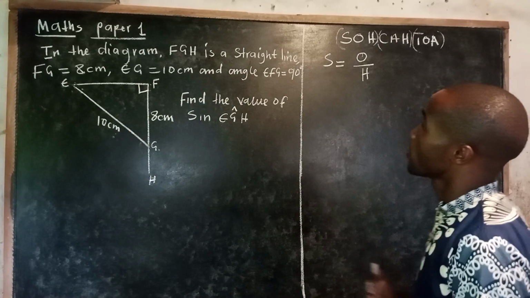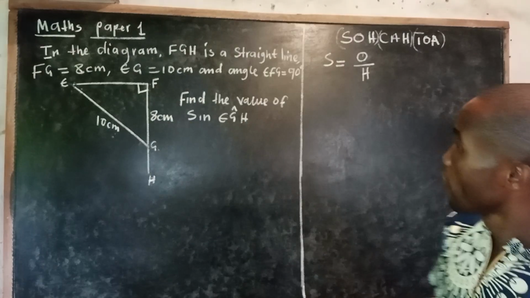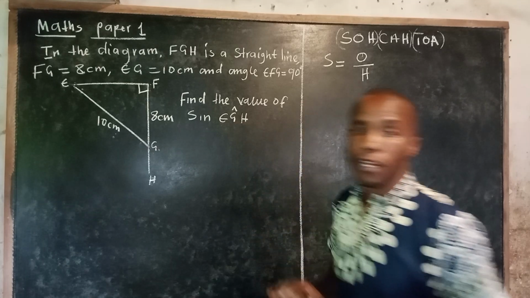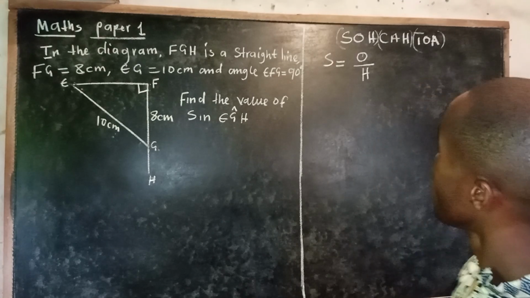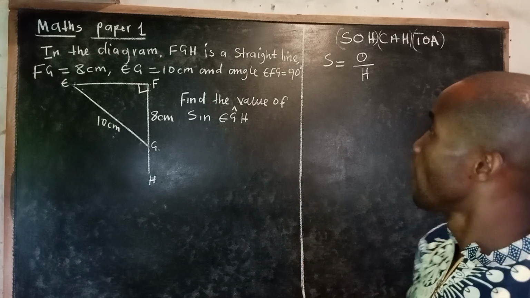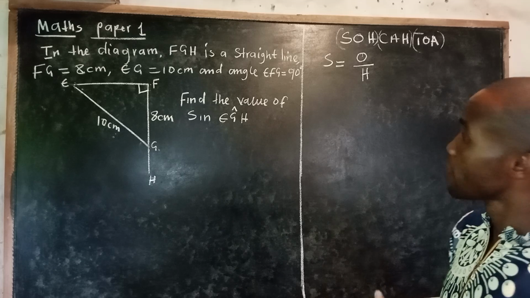Are we given the opposite, which is this one? No, there is nothing there. So you cannot find sine EGH if you are not given the opposite, because that is what you need to complete the answer.